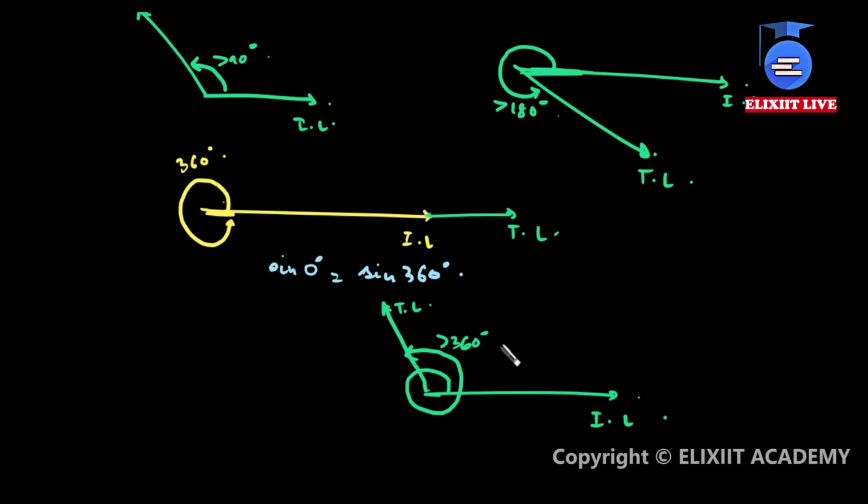And the angle can be rotated clockwise also. In that case, the angle will be considered negative. The measure will be negative in that case. So in the case of a negative angle, the angle can also approach minus infinity.